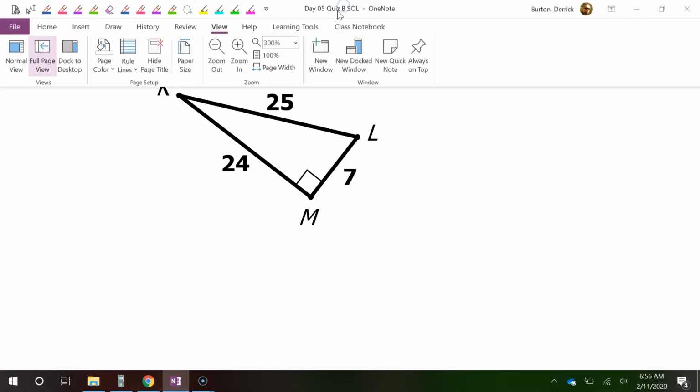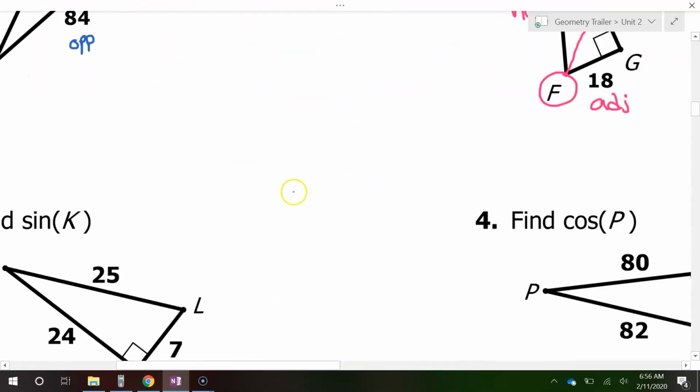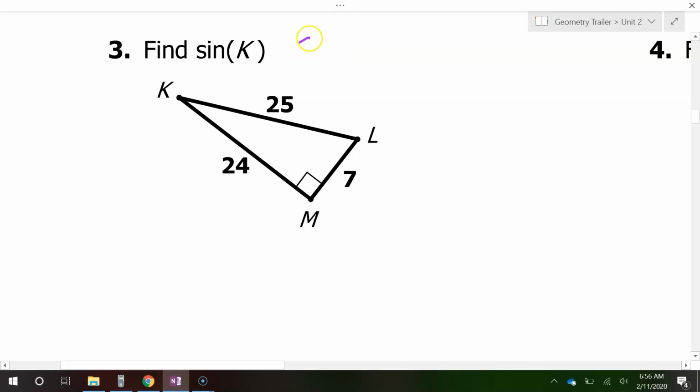Okay, problem number 3. So again, let's write SOHCAHTOA. Where is the hypotenuse? It's always across from the 90-degree angle, so that makes this the hypotenuse.